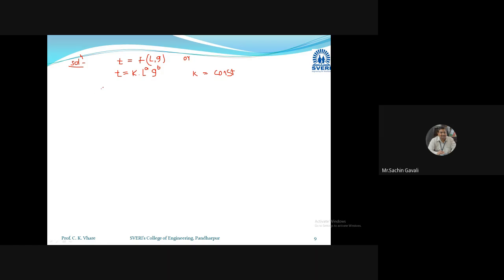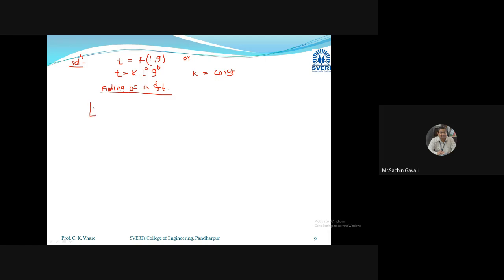Therefore, what can we write? Writing fundamental units, what is our finding of a and b? If we get a and b, then we can write a relationship between T, L and G. Therefore, what will be the fundamental dimensions of T?